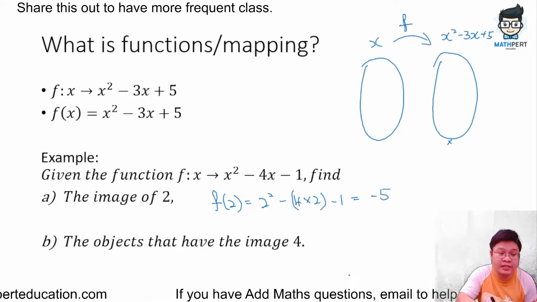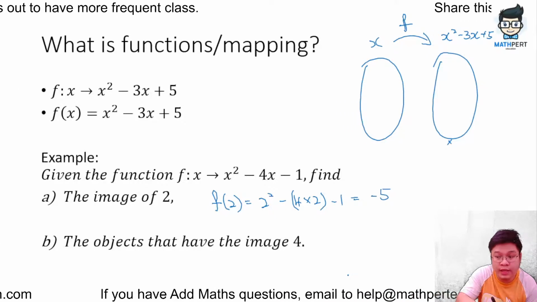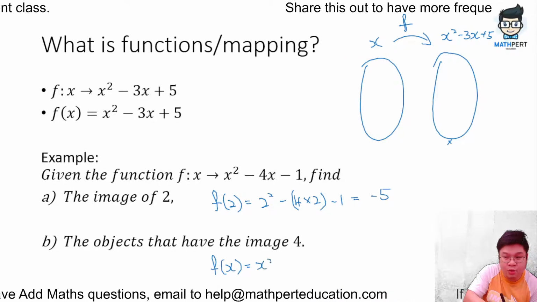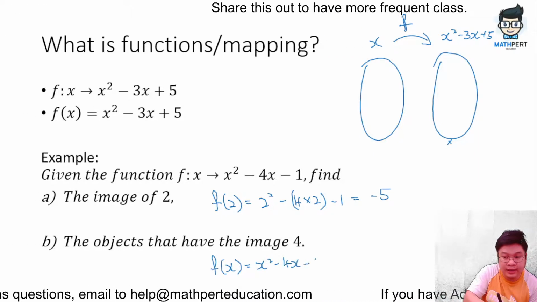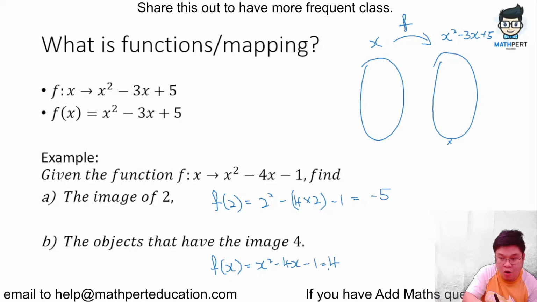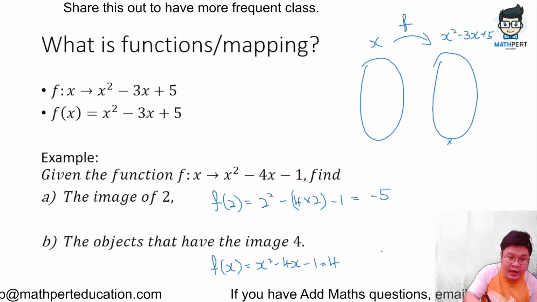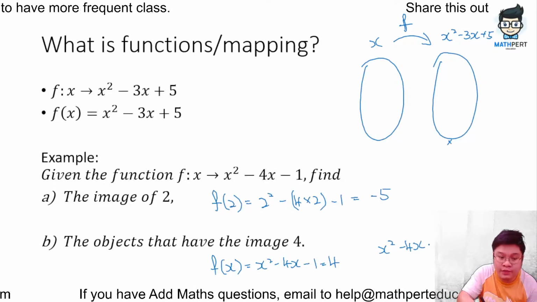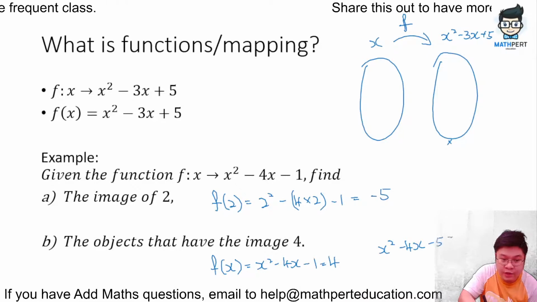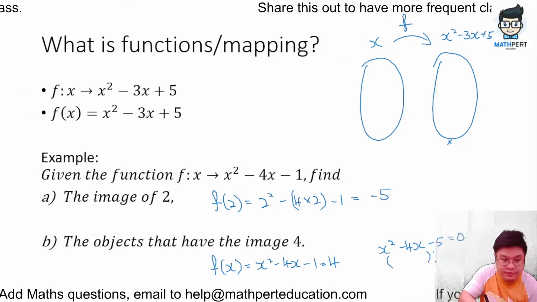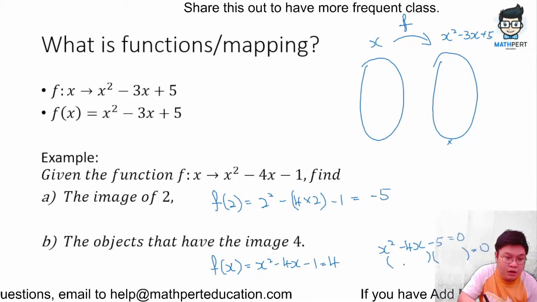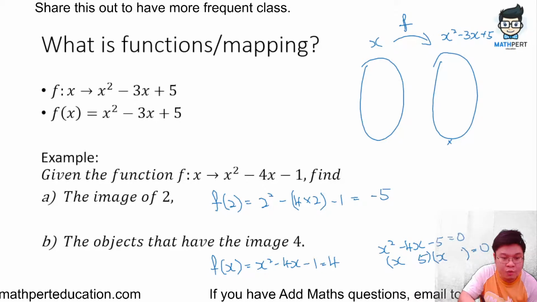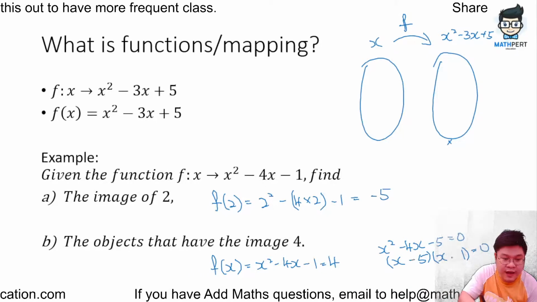Then the object that has an image of 4. So meaning say that f(x) equals x squared minus 4x minus 1 equals 4. Rearrange it, we get x squared minus 4x minus 1 minus 4, which is minus 5, equals 0. Then we factorize it, x and x, so 5, 1, negative 5 plus 1.